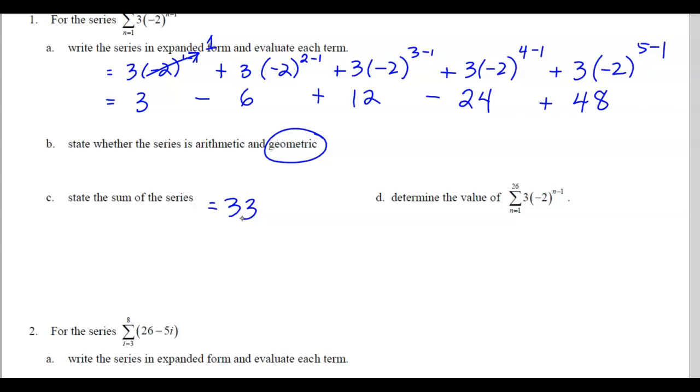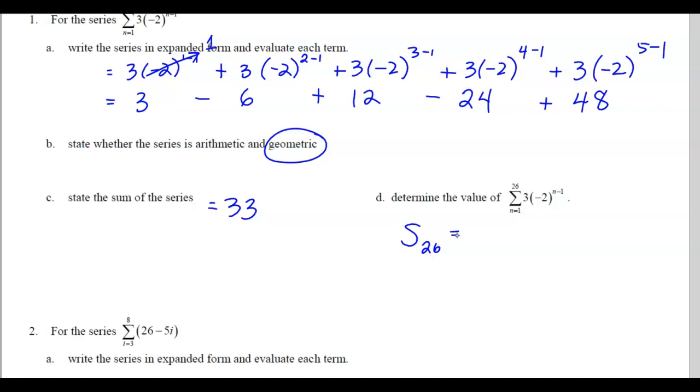Then it says determine the value of this series. So from 1 to 26. That's the same general term. I'm not going to write out the 26 terms. It says determine, so show your work. So we want to find S26. Based on this, we know the first term is 3.